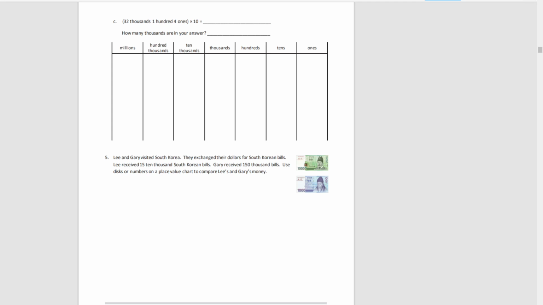Okay, for C, we start out with 32,000s. That's 10, 20, 32, and then 100 and 4 ones.